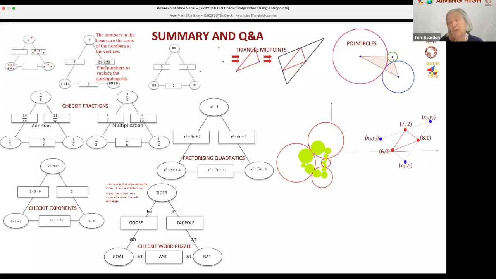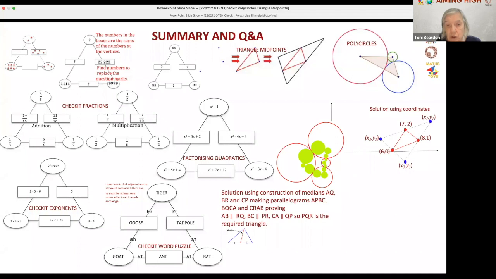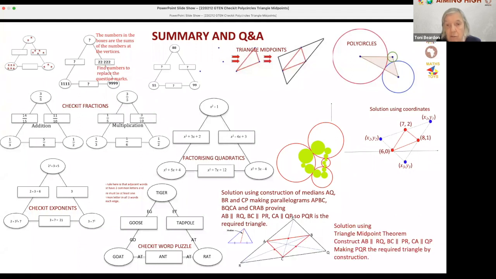Well, we did it in different ways. One of the ways was using coordinates, sometimes called coordinate geometry and sometimes called analytic geometry. So we found the solution using coordinates. And then another solution here was using medians.